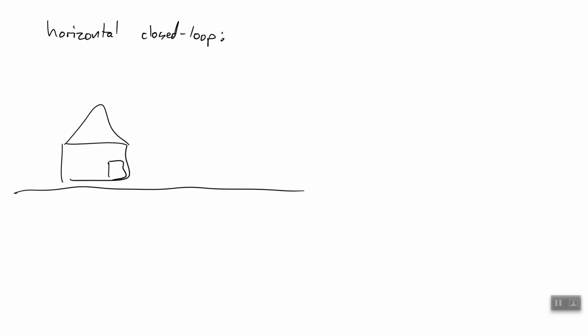Okay, so in a horizontal closed loop, we go down some length and then we move horizontally and then return. And so we can have kind of two ways. We have here, as I've drawn, pipes that are horizontal in a looping pattern.